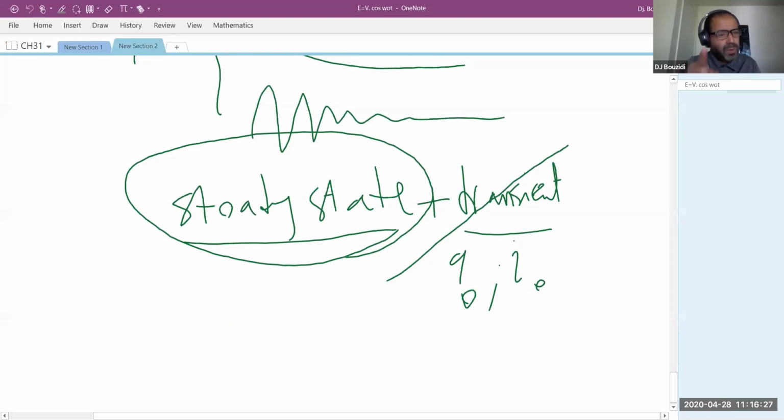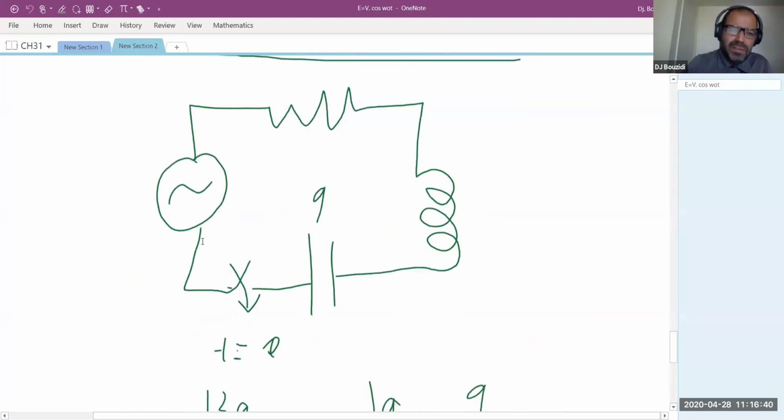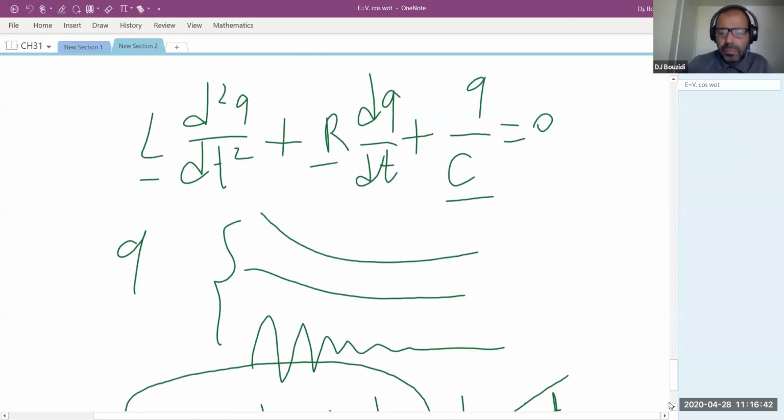So this is exactly the forced harmonic oscillator, except that this is, if you wish, the forced RLC circuit, okay? And it is forced because you have that power supply. You have this V naught cosine of omega t.